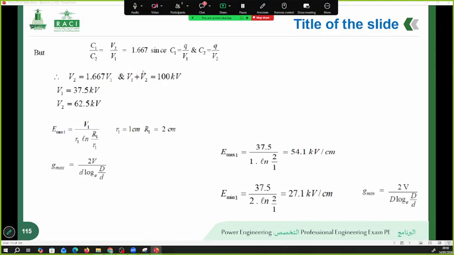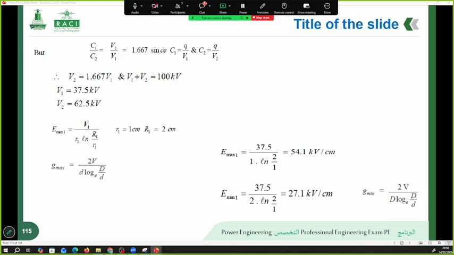From this, V2 is equal to 1.667 V1, considering the total applied voltage of 100 kilovolt. The sum V1 plus V2 is equal to 100 kilovolt, which allows us to solve for the individual voltages, resulting in V1 equal to this value and V2 equal to this value.